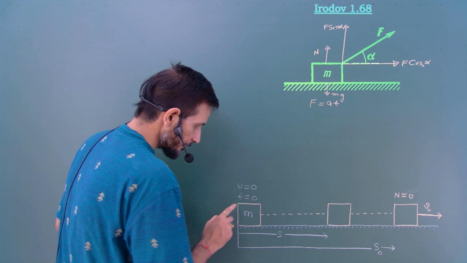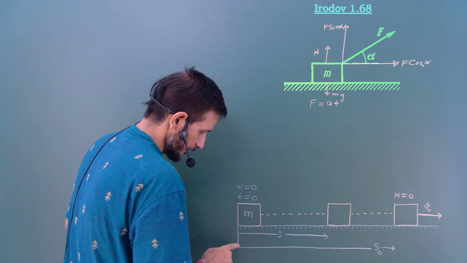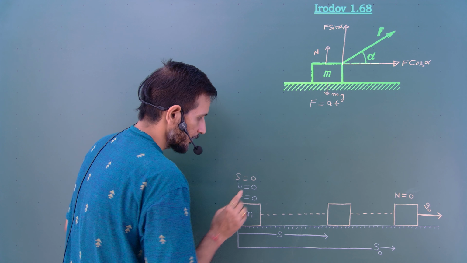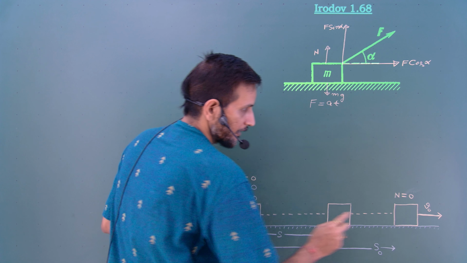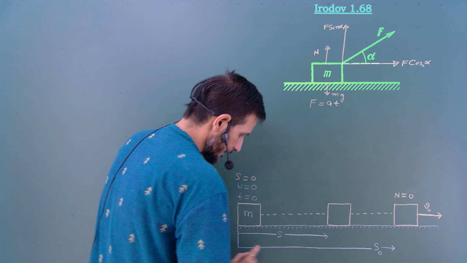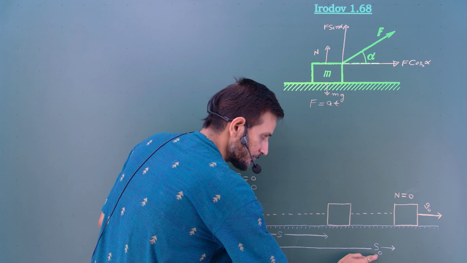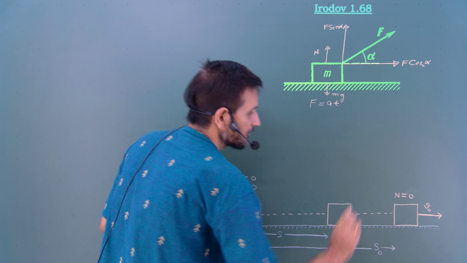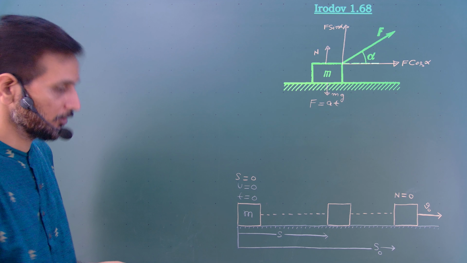So this is the time t0 and at this position s is 0. Now we have to calculate the velocity of block and the displacement when normal is 0. So how to solve this?